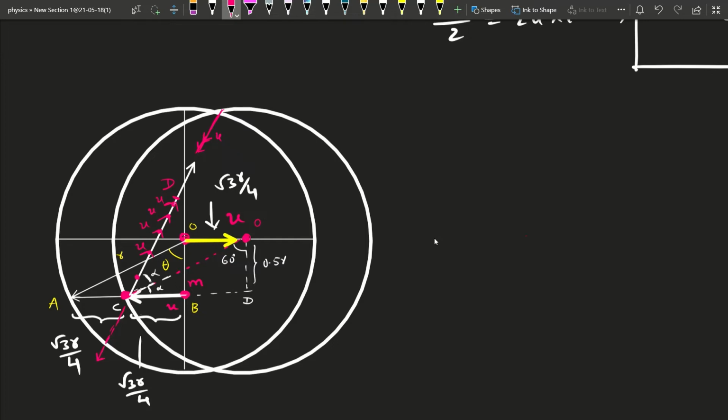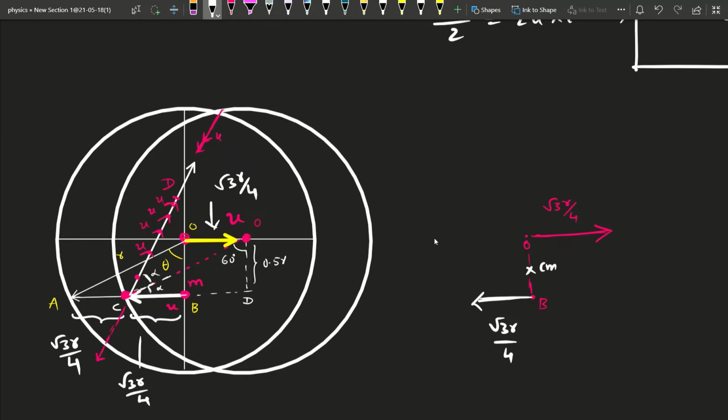First of all, the center is located here, and it has moved some distance like this, and this distance is root 3 r by 4. Next, the particle is B, and that is moving towards the left, and you have to see how it's moving. It is also covering the same distance, root 3 r by 4, and this is the point where the center of mass is located.